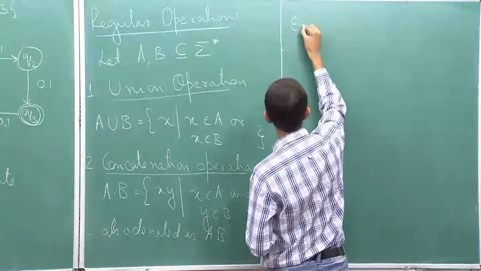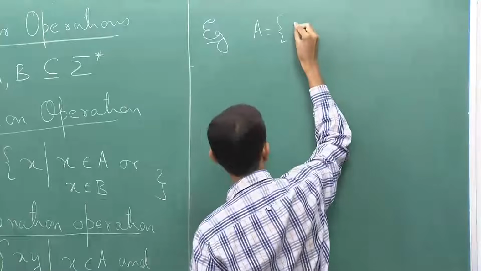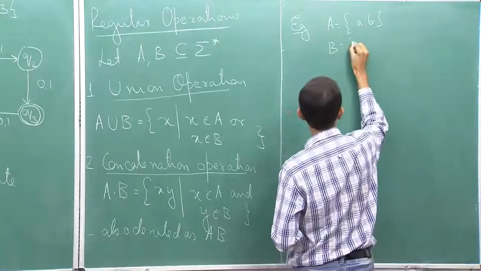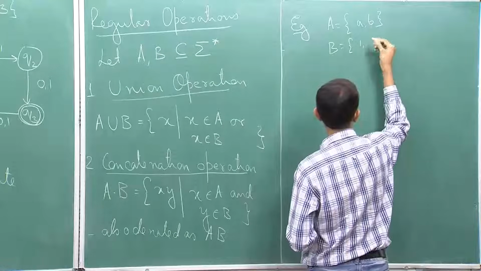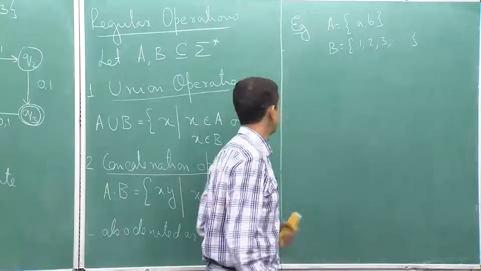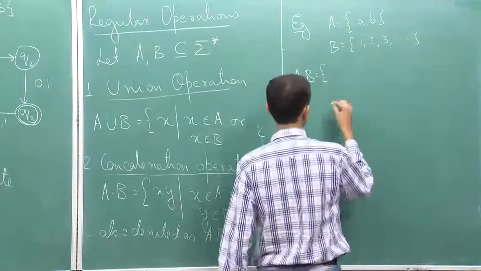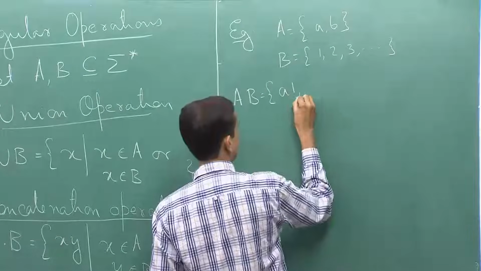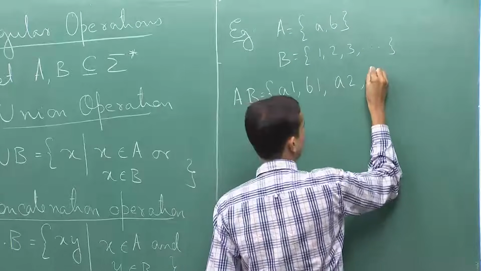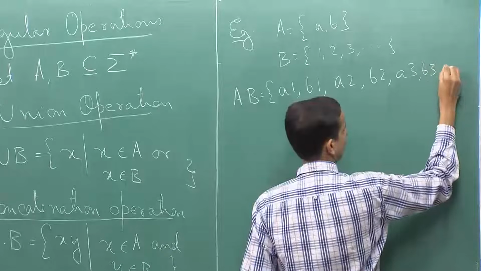Suppose our set A has the elements a and b, and B has let us say 1, 2, 3 and so on. Okay. So, then what is AB? So, AB will consist of all strings of the form. First we will have a1, b1, okay, then a2, b2, a3, b3, okay, and so on.